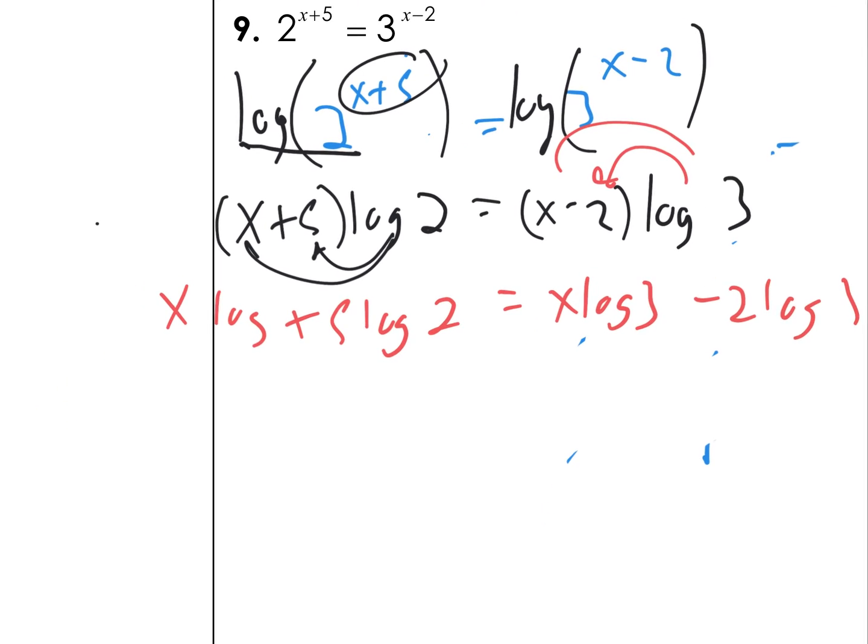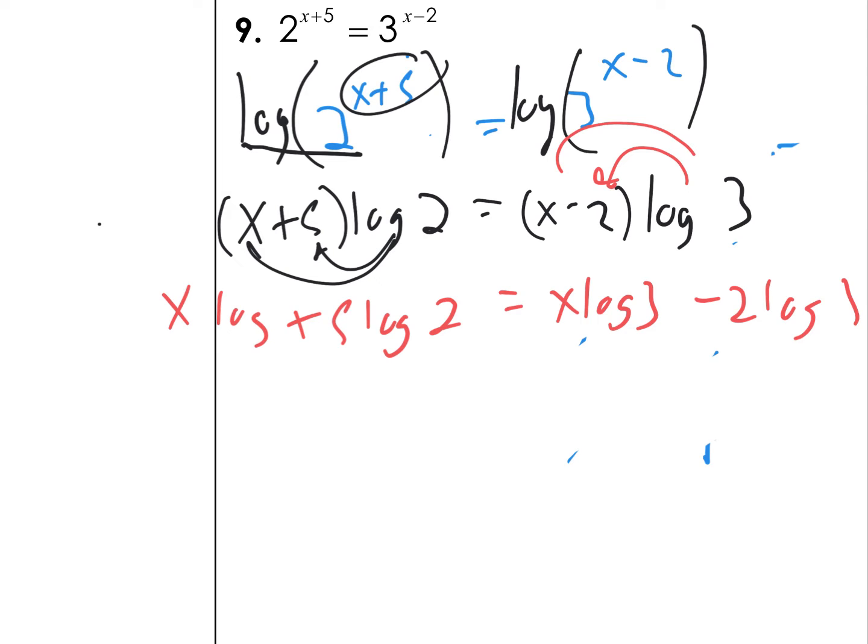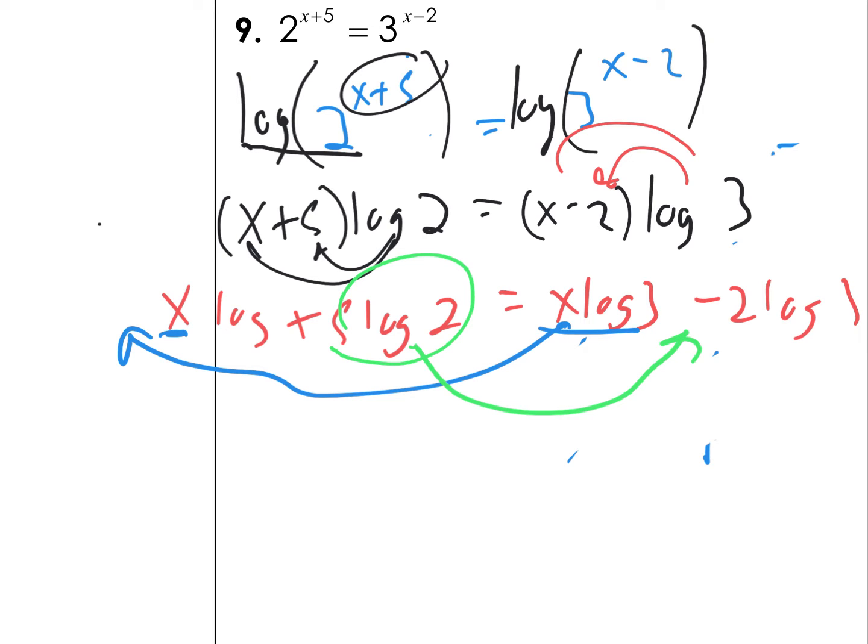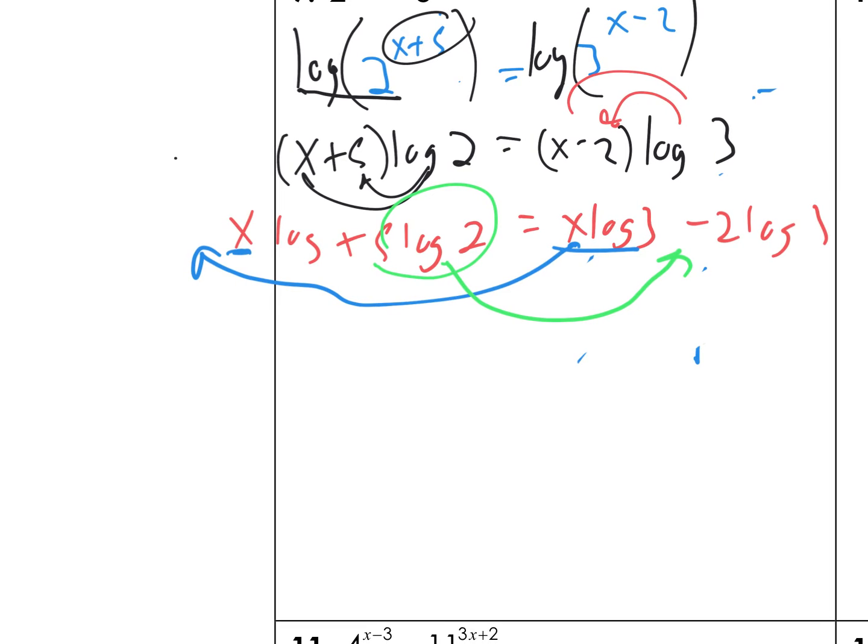Now what I need to do, and this time I'm going to kill 2 birds with 1 stone. I need to move this term to the left to be with the other thing that has the x in it. I need this number to move to the right to be with the number that doesn't have x's. So in my next line, I'm kind of cheating. I'm doing 2 steps in one. I'm moving the x log of 3 over.